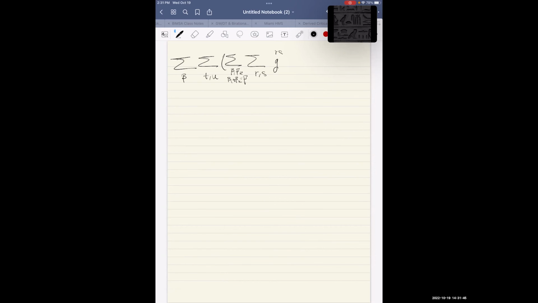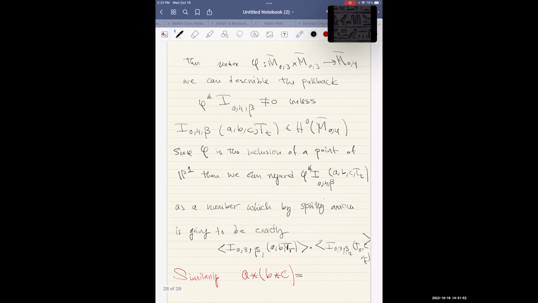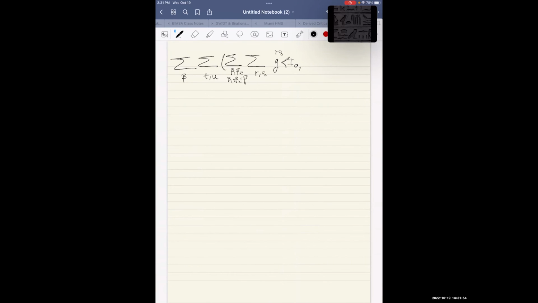So g^{RS}, I0, okay, now first I'm multiplying B and C, so B cross C. So I'm going to write I03 beta 1 B C T_R times I03 beta 2 A T_S T of T g^{TU} q^beta times T of q.